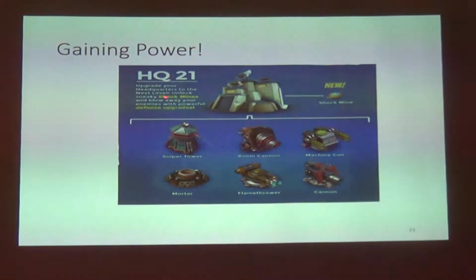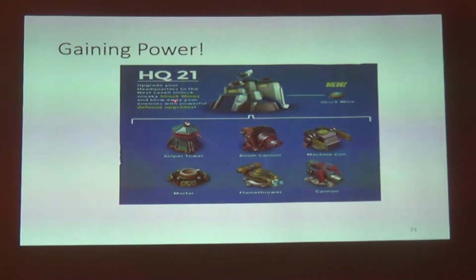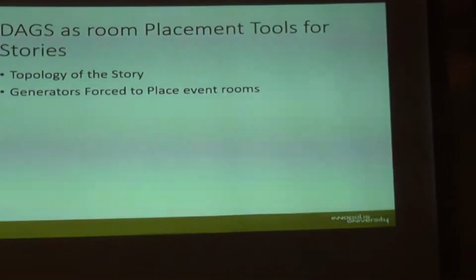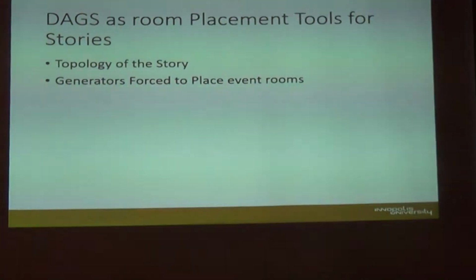And so upgrade your headquarters to the next level, unlock sneaky jump lines. So they're giving you a little bit every time. And for our casual gamers, this is where, by the way, you can also pay us $10 and bypass that and be better.